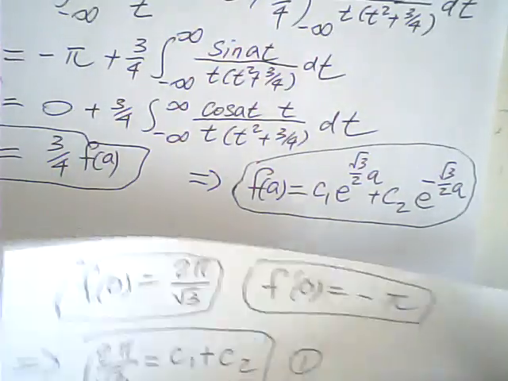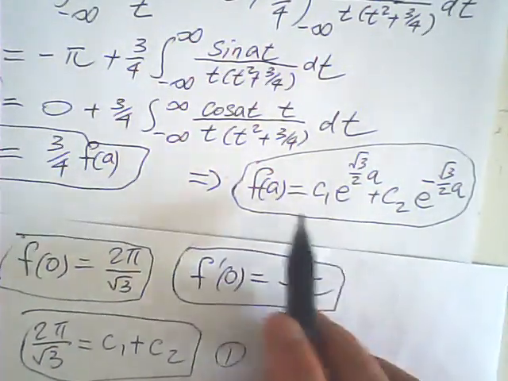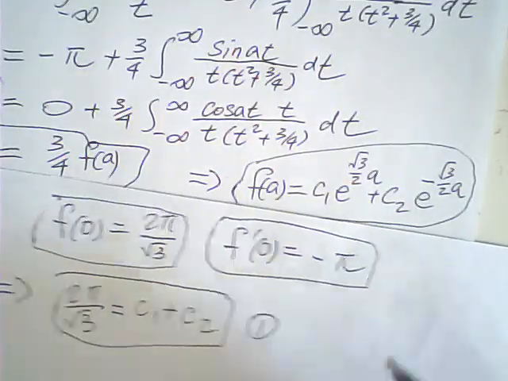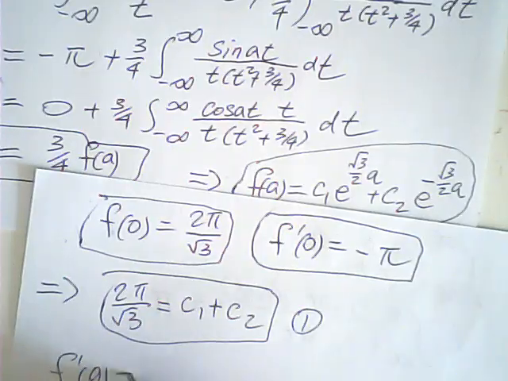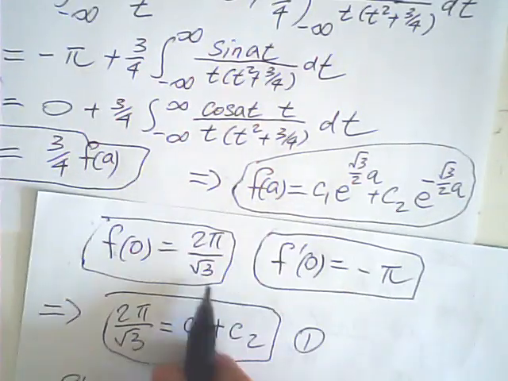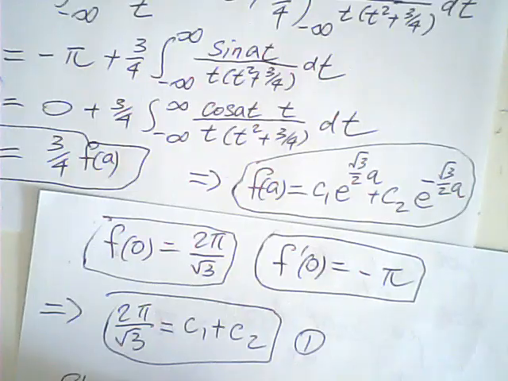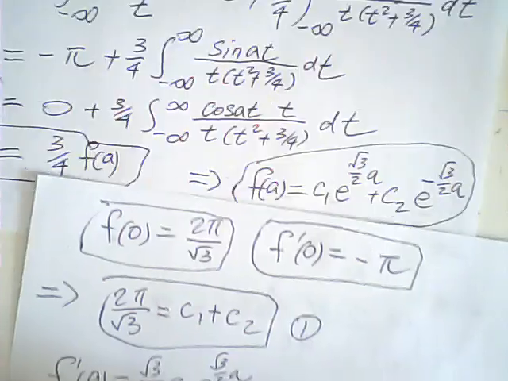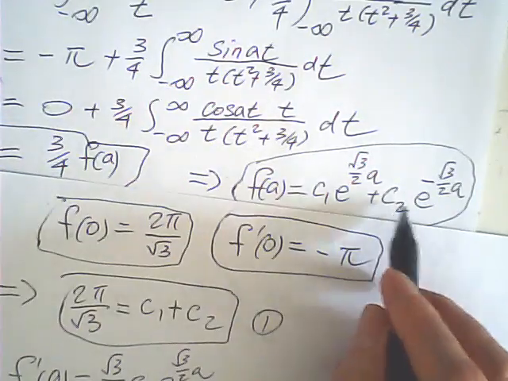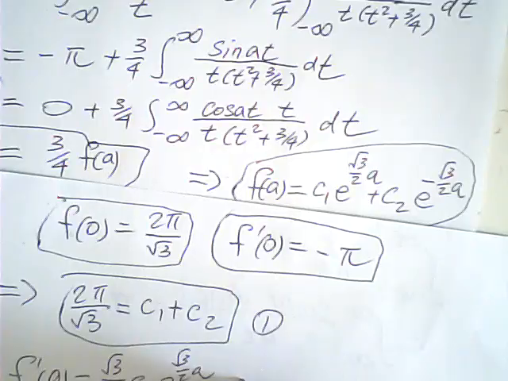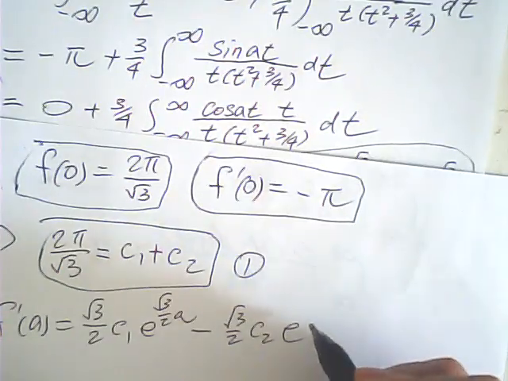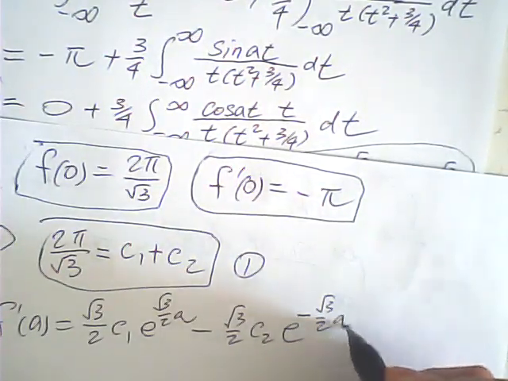Now equation 2, we take the derivative. F prime of a will be root 3 over 2 c1 e to the root 3 over 2 a, minus root 3 over 2 c2 e to the negative root 3 over 2 a.